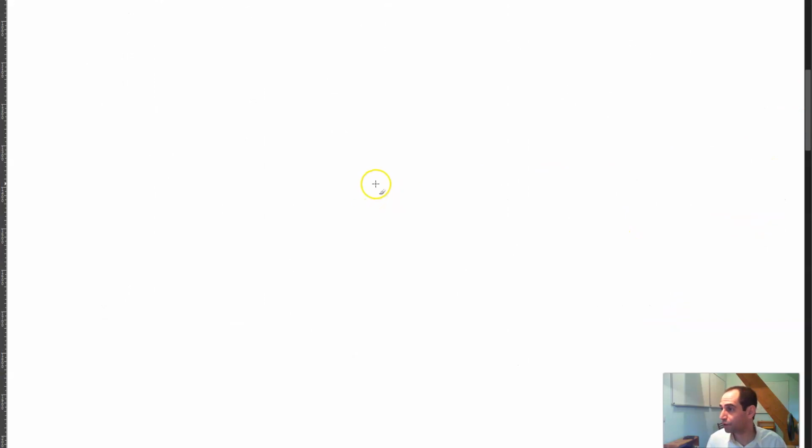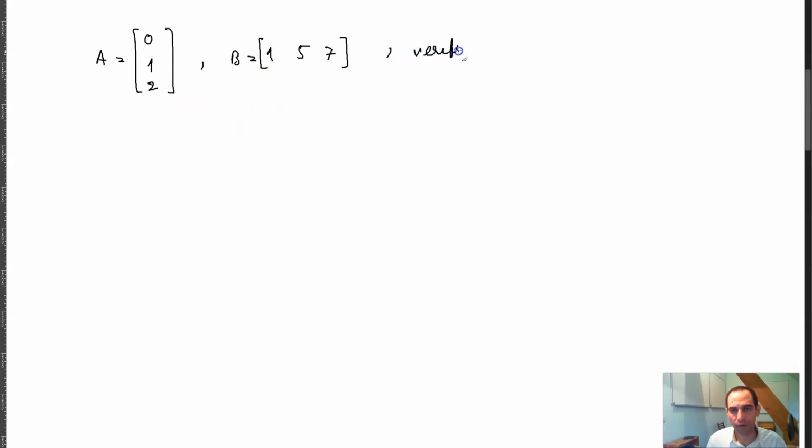Now the second part of this question, the matrices A and B are different, meaning that A is equal to 0, 1, 2, and B is 1, 5, and 7, and you want to verify that AB whole prime is equal to B prime times A prime.